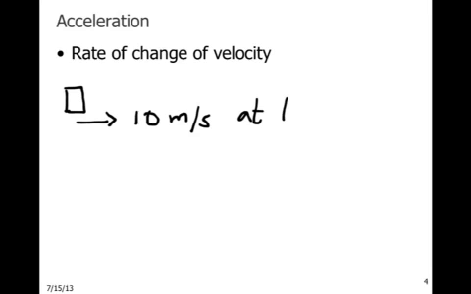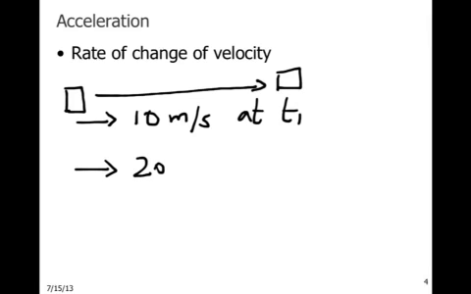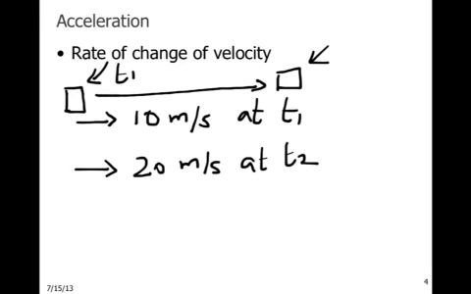So if you again start with an object that's moving at 10 meters per second at t1, and it keeps moving, and by the time it's at this location, it's actually moving at 20 meters per second at time t2. So this is time t1 and this is time t2.